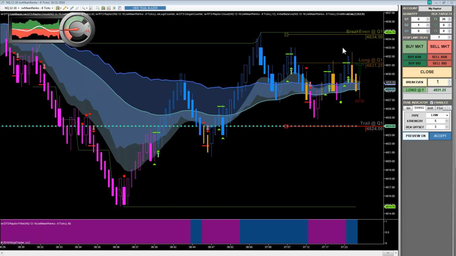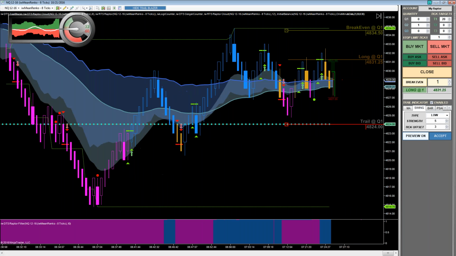Yeah, this whole 48.31, 32, 33 area is really being a sticking point for the buyers. Sellers just loaded up right up here. Oops. Sellers hanging out right there.